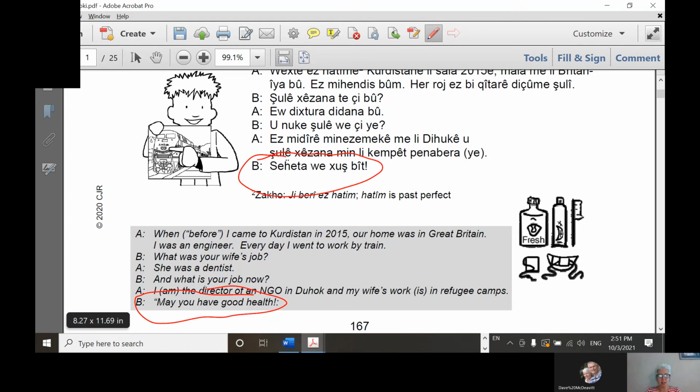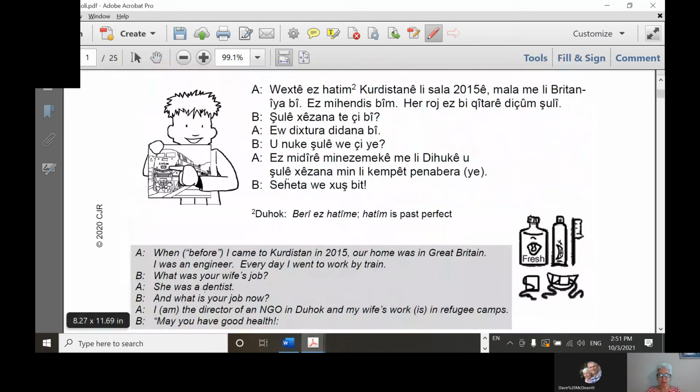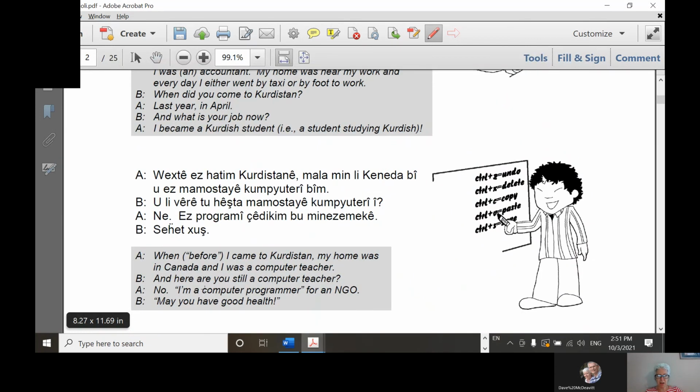I think in the Zafali dialect it's a little different. Let's see what they say. Sahata wa khushbit, they would say. Let's see if they have something else on the next page. May your hands be blessed. Sahat khush. It's another way of saying it.